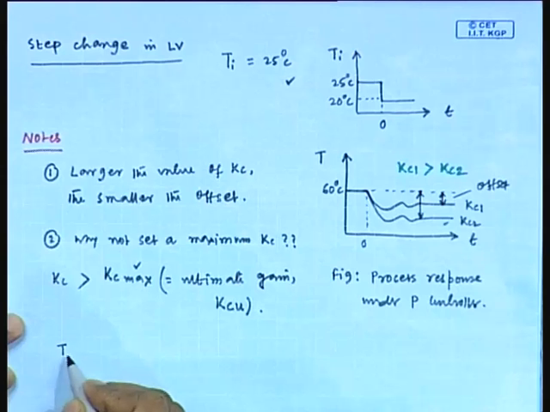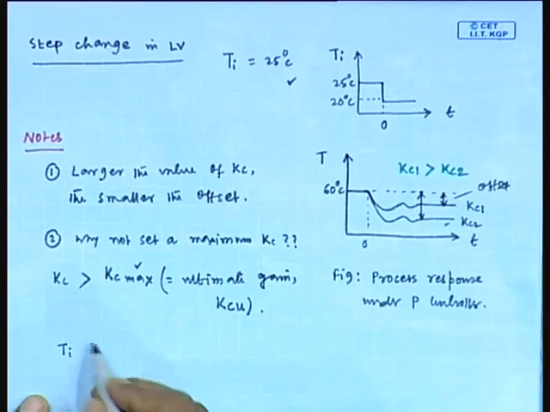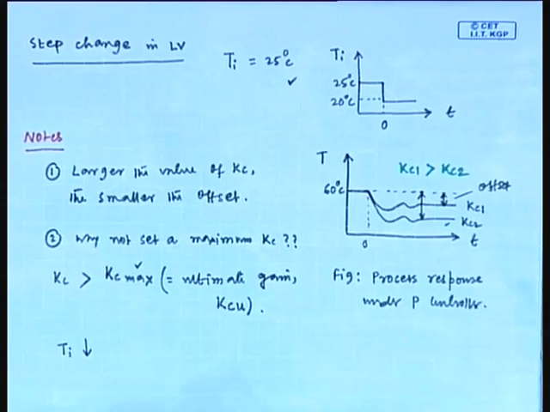Now, with the decrease of tau I, what happens? In this case, we have considered a decrease of Ti.